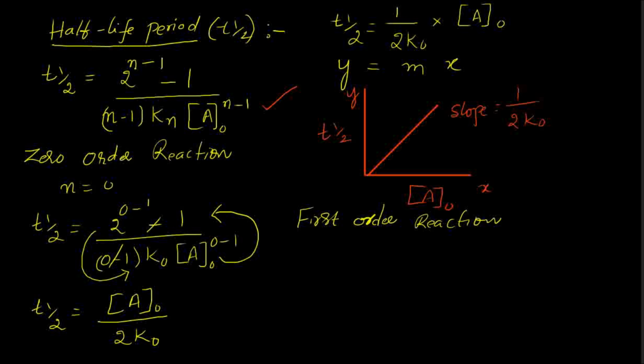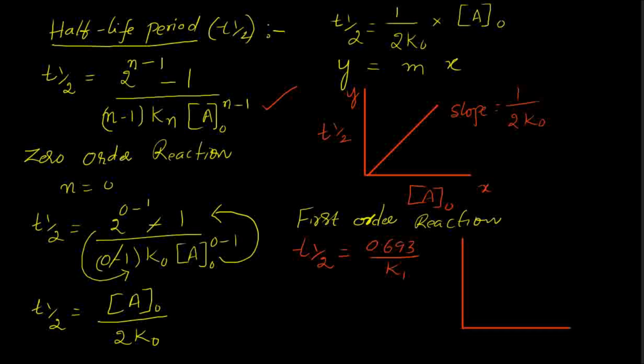The half-life equals 0.693 by k1. From this relation, the half-life is independent of the initial concentration. So the half-life does not depend on the initial concentration. In the half-life equation, there is no concentration of the reactant.